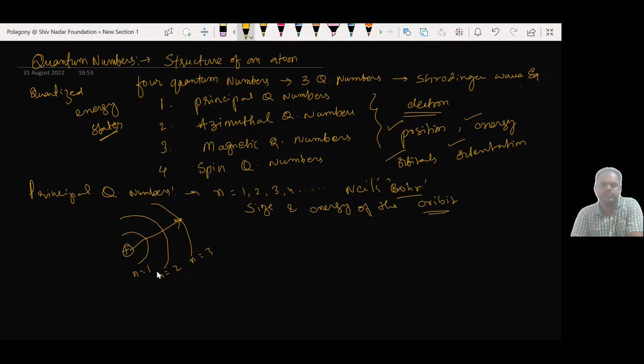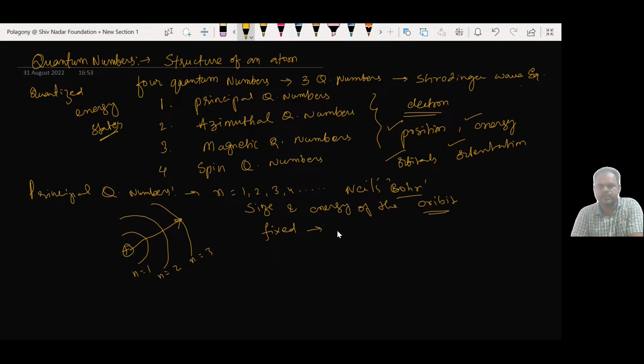The principal quantum number indicates the energy state. There is a first energy level, second energy level, third energy level. As you know, in each orbit energy is constant, energy is fixed.